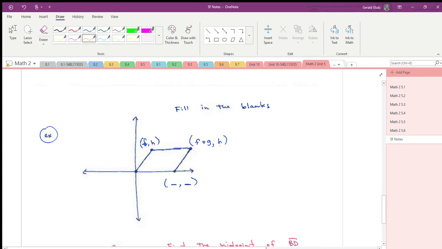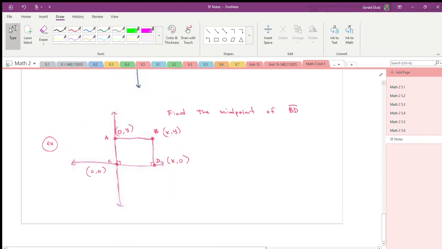Well, if this point is F plus G, and this X value is F, then that means to get from here all the way to here, we had to do F plus G. But this distance is F, so that means this distance should be G, which also tells me that that distance is G. So our X value is going to be G. We don't go up or down, so Y is just 0.